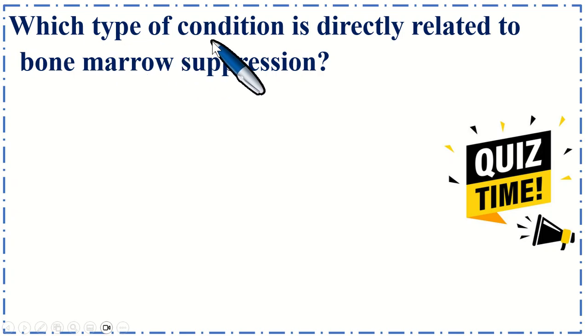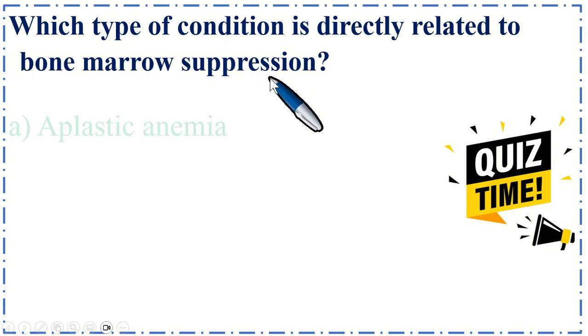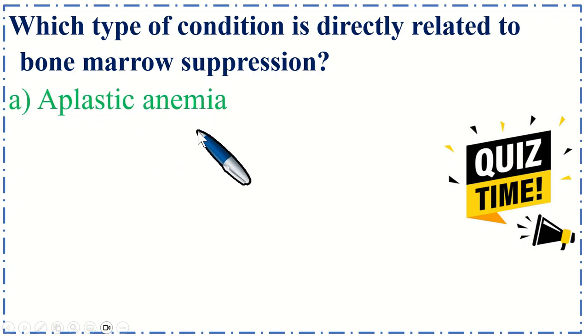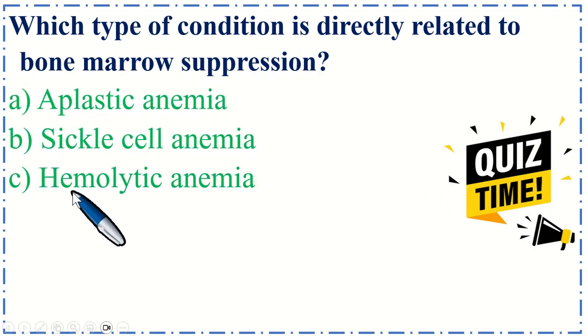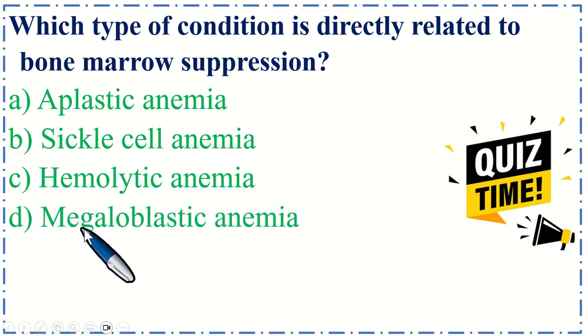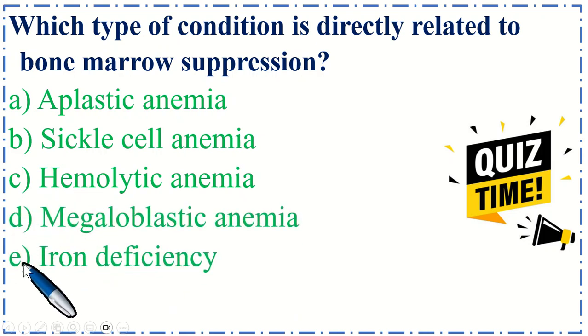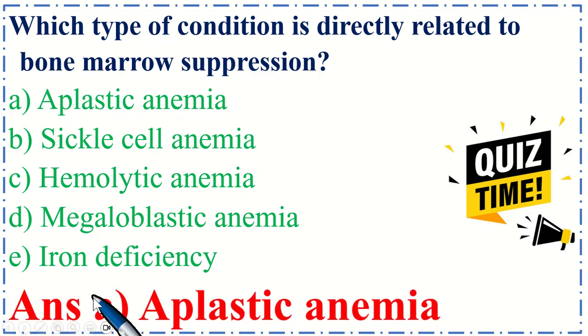Which type of condition is directly related to bone marrow suppression? Option A aplastic anemia, B sickle cell anemia, C hemolytic anemia, option D megaloblastic anemia, and option E iron deficiency. Correct option is A aplastic anemia.